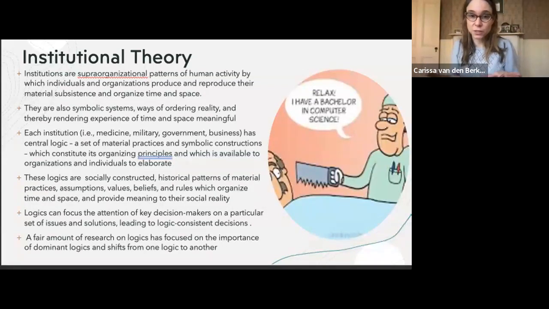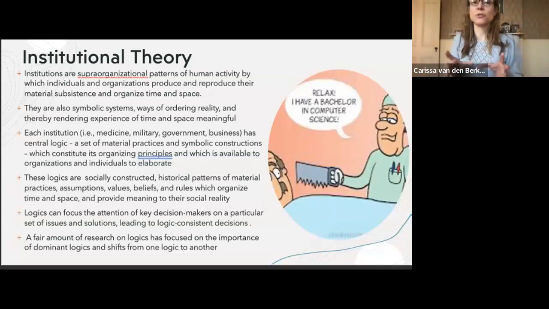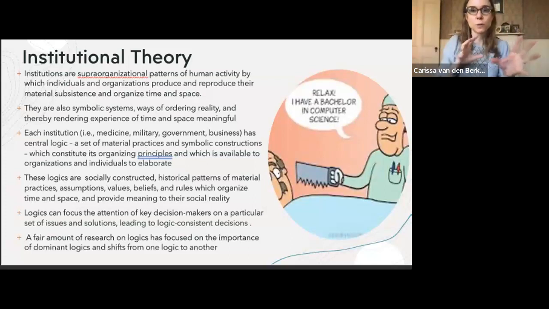That's an institution. The military is an institution. Business is an institution. Social service, human service is an institution. Police and criminal justice is its own institution. And all of these different institutions are working with and against each other.